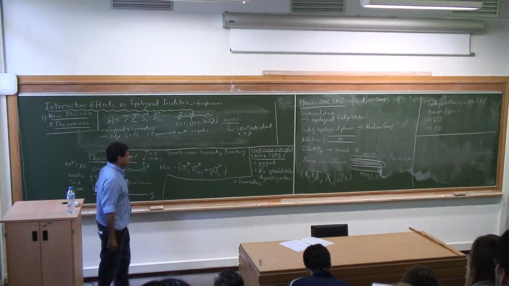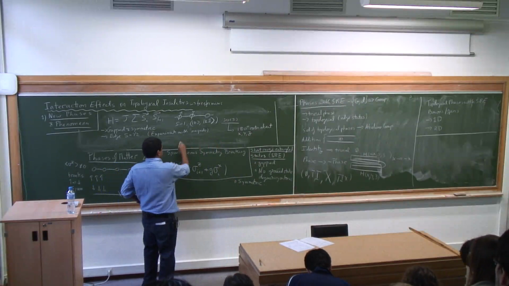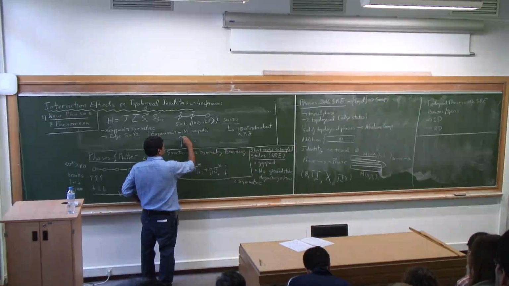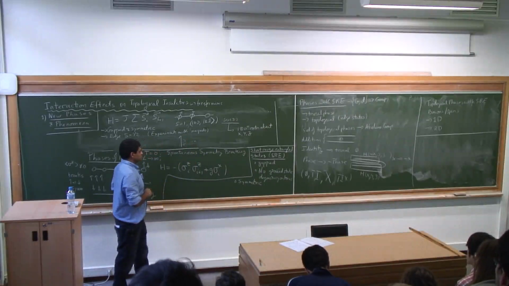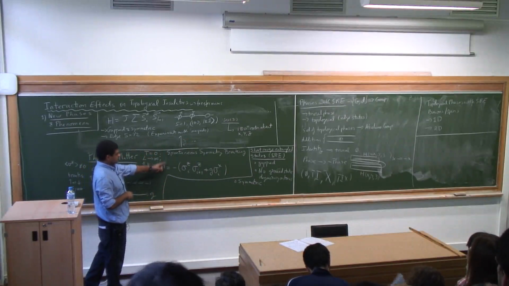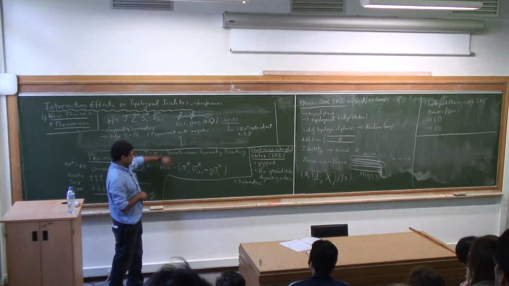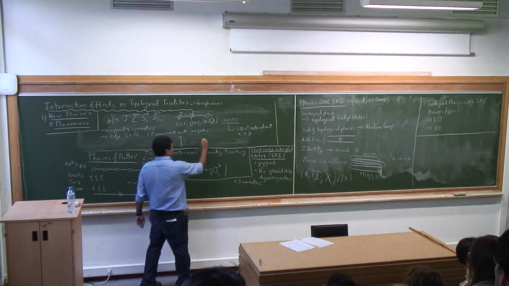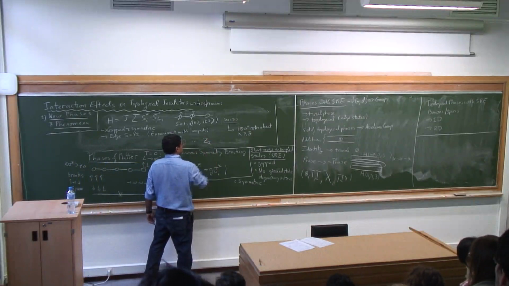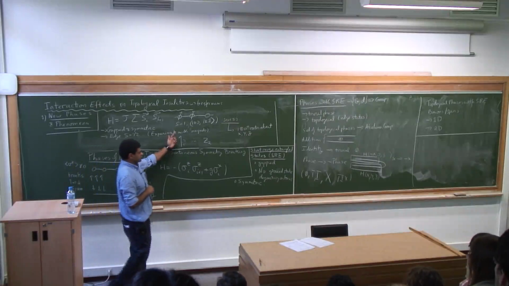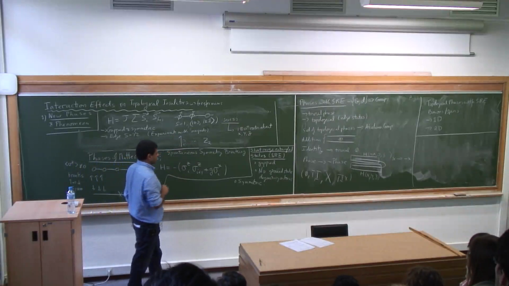For example, if I take a spin and do a 180-degree rotation around the x-axis, this is actually the Z2 symmetry that we had before in this particular model. It takes sigma z to minus sigma z, sigma y to minus sigma y, but leaves sigma x unchanged. This was the Z2 of the Ising model. And now I have a 180-degree rotation about, say, the z-axis as well, which changes the sign of the x and y components.